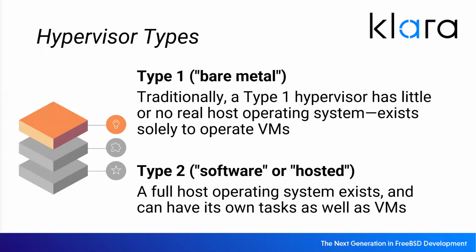Yeah. As usual, I have pre-talked half of my slides in the opening, but you've got this for reference if you want to look at the slide deck later. Again, type 1 is supposed to be bare metal. Type 2 is software or hosted. But in modern terms, you'll very rarely encounter something that's all the way one thing or the other.